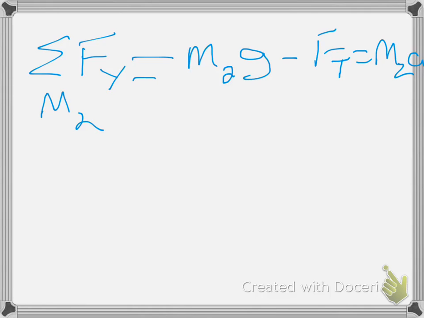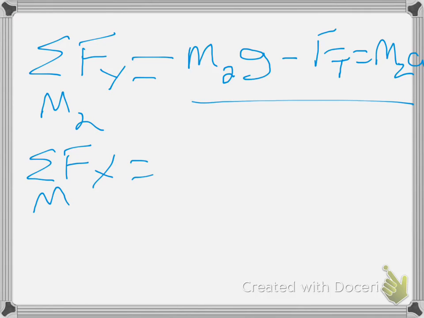So now we've got a setup, and we know that in the summation of Fx equation for M1, if I'm not mistaken, it was FT minus FF equal M1A. So think about this.